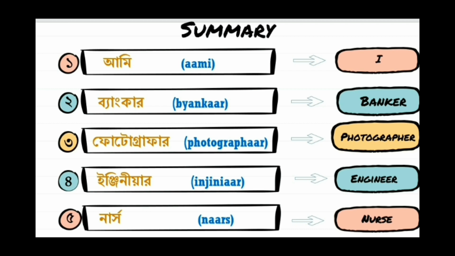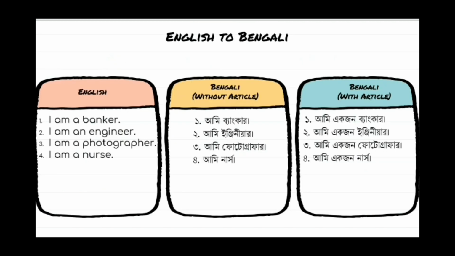Engineer is also engineer. Nurse is also nurse. Now let's look at the sentences that we have made today. I am a banker can be said like I'm a banker. I am an engineer. I'm an engineer. I am a photographer. I'm a photographer. I am a nurse. I'm a nurse.